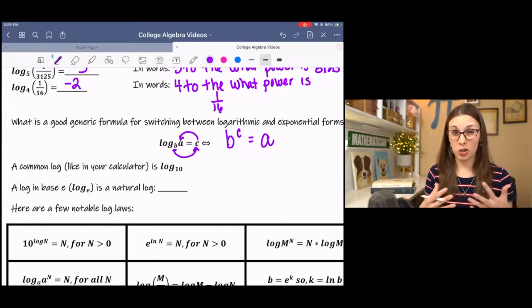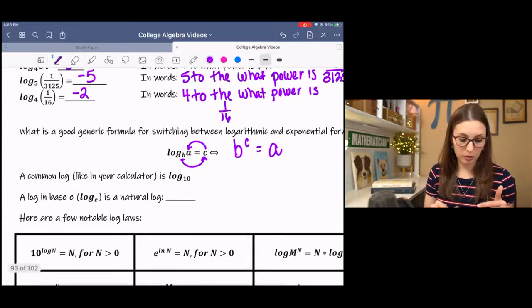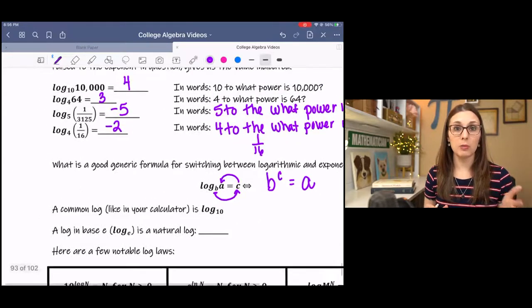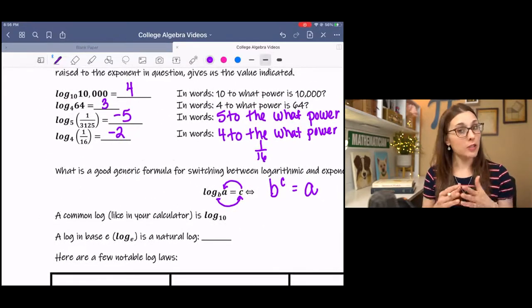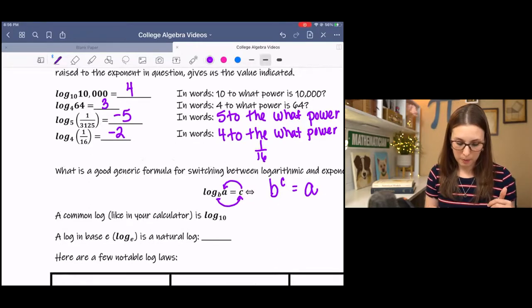It's just understood, kind of like x has an understood 1 in front of it. Log has an understood 10 for the base. If it's not 10, then it'll have an actual number there, like log base 2, log base 4, log base 5, and so on. So if it's not 10, it'll be stated.